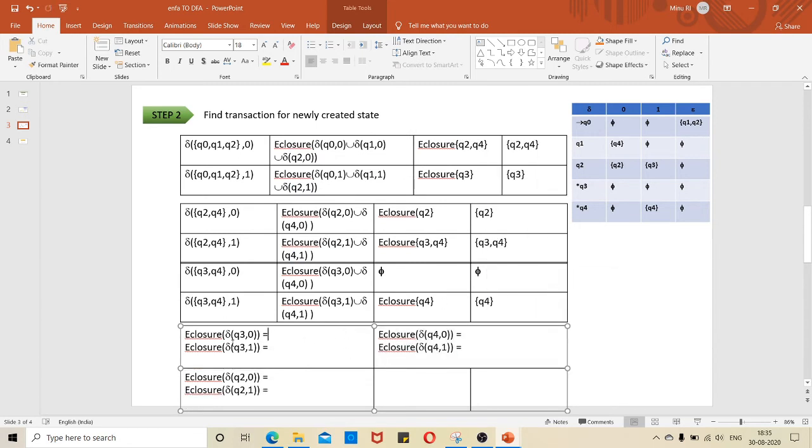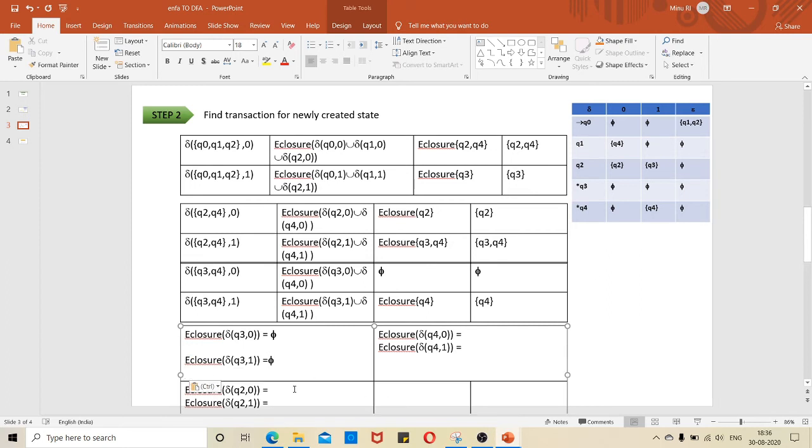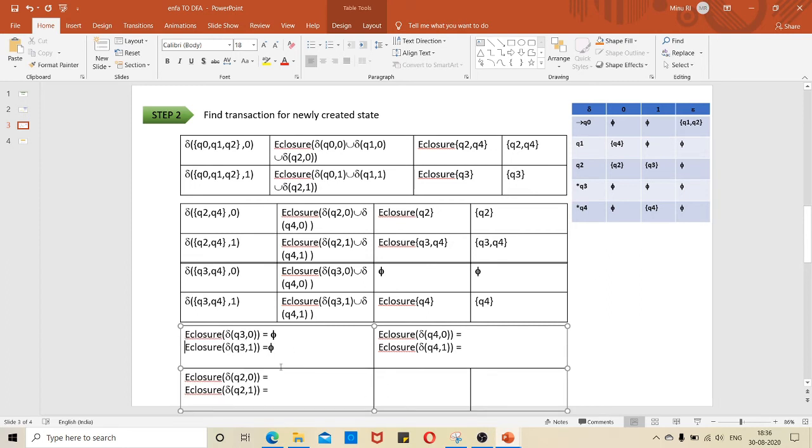So what would happen? With respect to delta Q3, 0, in Q3 it is 0, it is phi. And with respect to 1, in Q3 if it is 1, it is going to be phi. With Q2, with respect to 0, it is Q2, so it is epsilon closure of Q2, which we have already found here, so it is Q2 only. Whereas Q2 with 1, it is Q3.